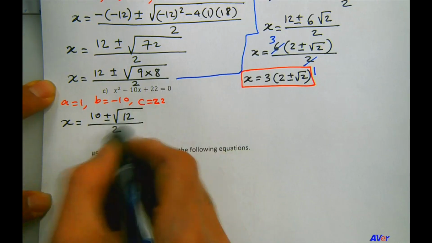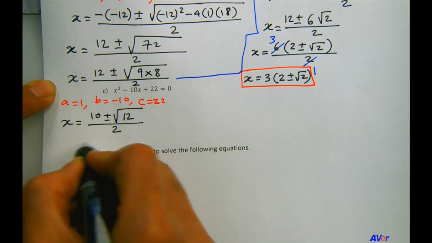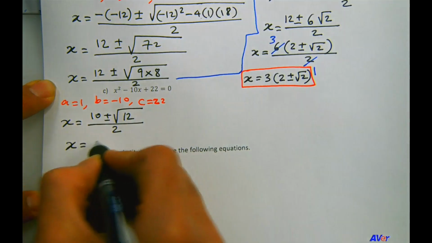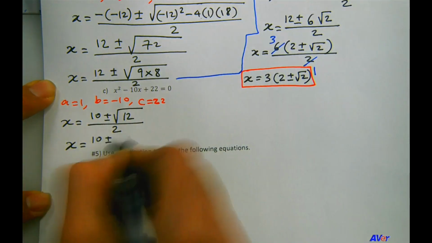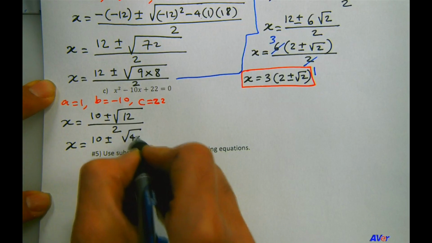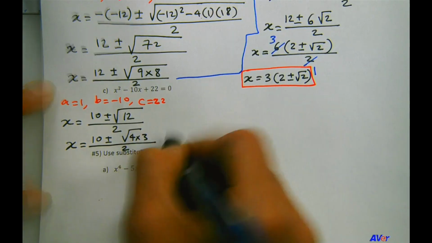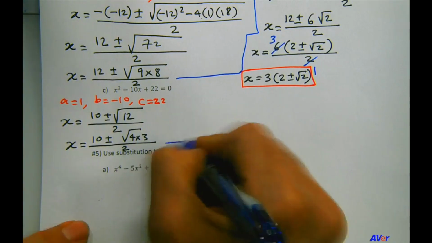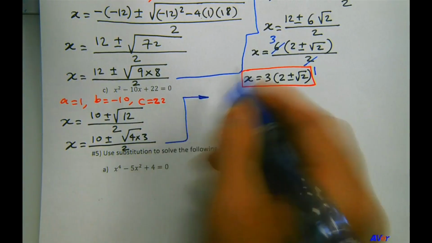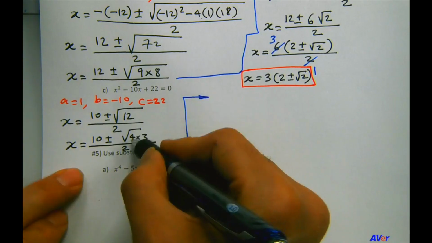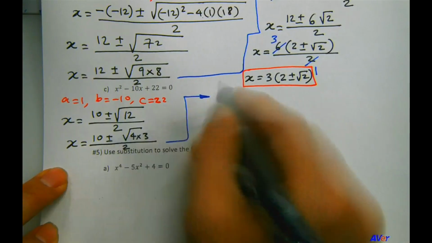Okay, so now 12 can be written as 4 times 3, right? 10 plus or minus 4 times 3 over 2. So 4 is 2 squared, so 2 can come out.